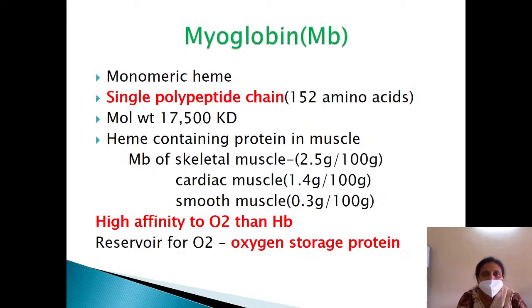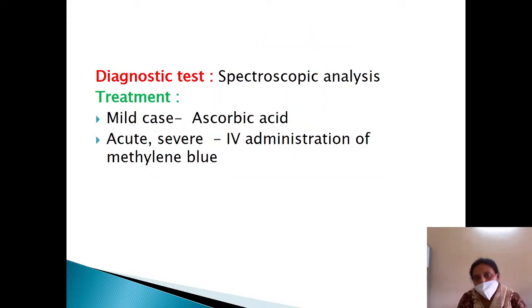So that's it about the structure of hemoglobin and myoglobin. Till now we have discussed the structure of hemoglobin, the types of hemoglobin, and derivatives of hemoglobin. Under derivatives, normal ones are oxy, deoxy and carbaminohemoglobin, and abnormal derivatives are methemoglobin, sulfhemoglobin and carboxyhemoglobin.